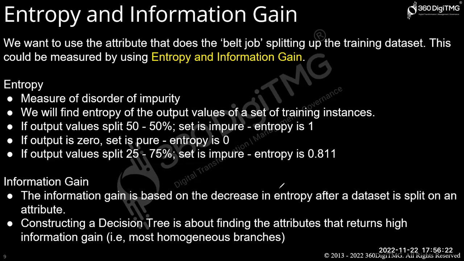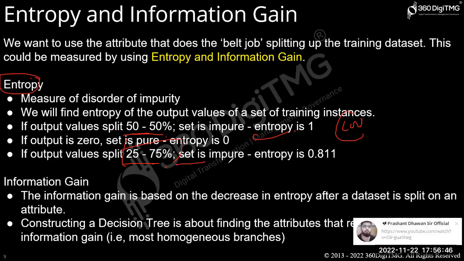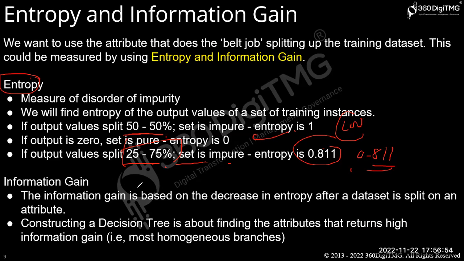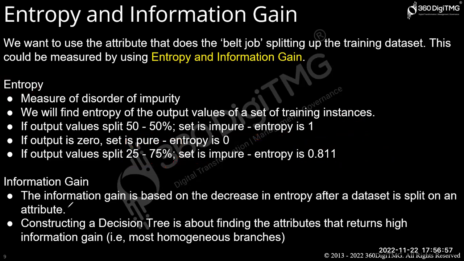We will see how we'll be calculating that. It is based on the entropy. When you have 50-50 percentage, you won't be able to make any decisions, so we'll call it impure. 100% impurity because we won't be able to make any decisions. If it is 25-75, we'll call it an impure one too. How much impurity will we have? 0.811. So when exactly we will be stopping, we have already seen. Now, how will we be calculating the information gain?